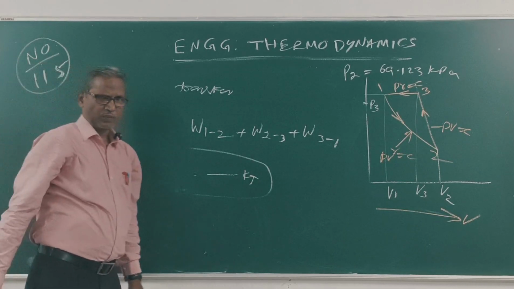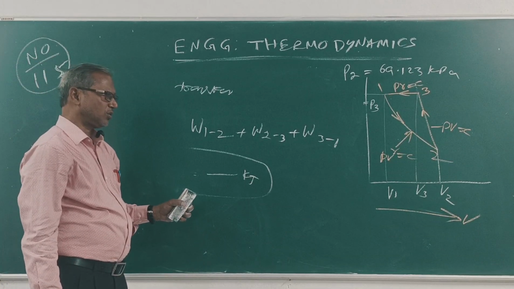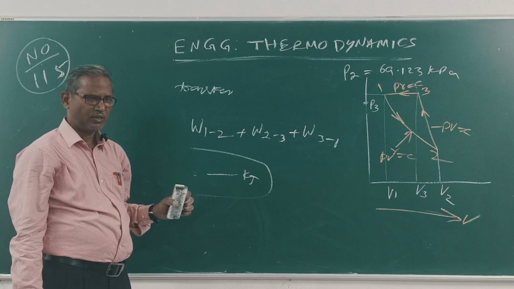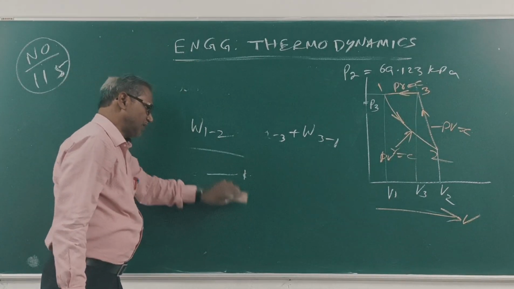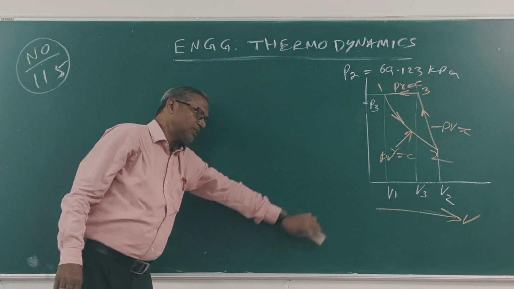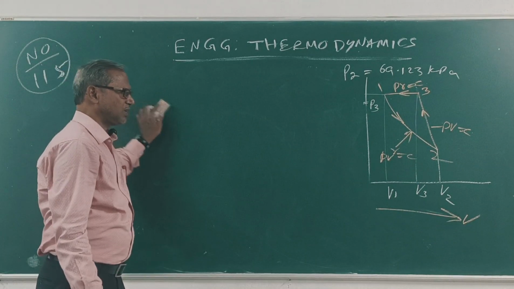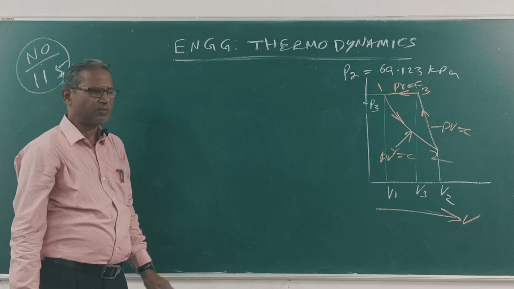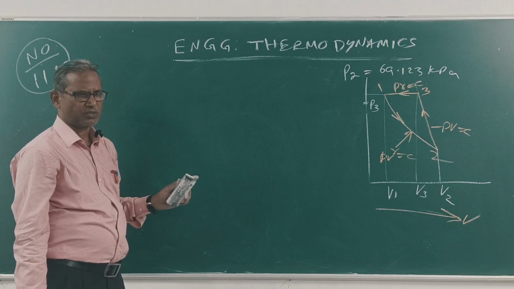These questions are very important. So when you solve the answer, use calculator and keep silence to solve the question. This question consists of three processes: adiabatic process, constant temperature process, and constant pressure process. Clear?